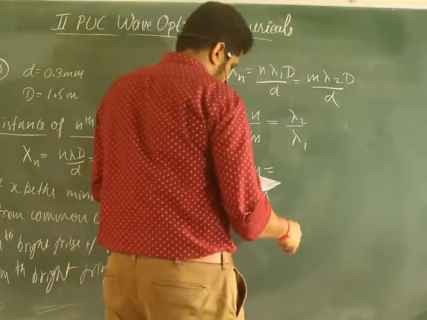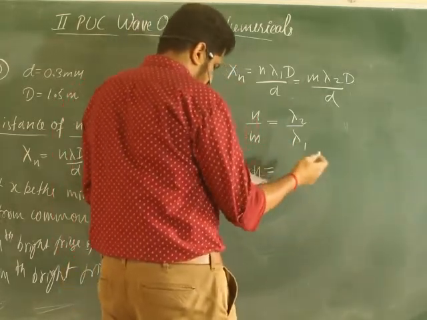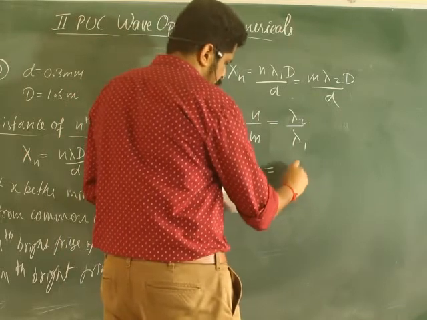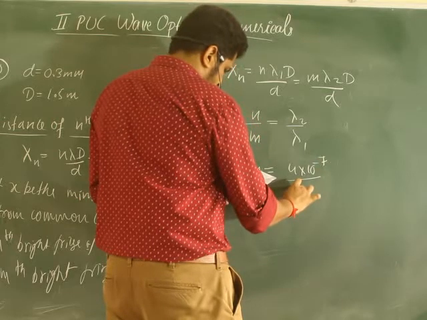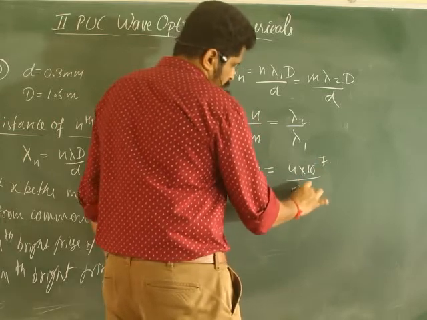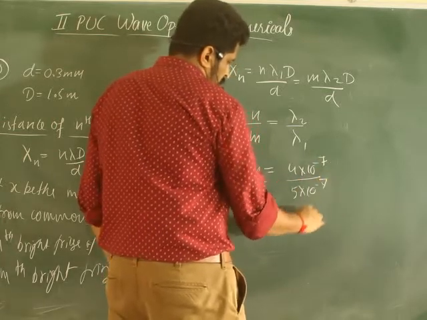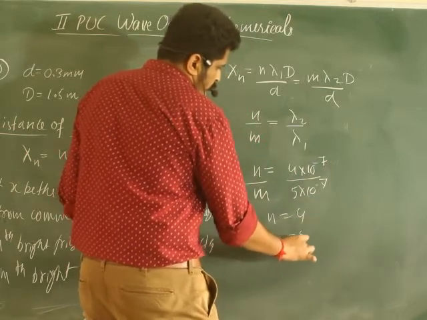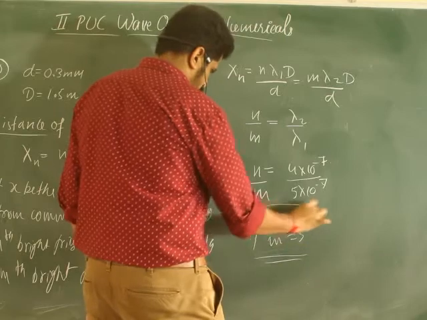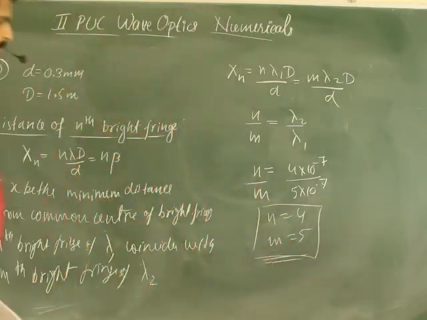Lambda 2 is 400, 4 into 10 power minus 7, divided by lambda 1, which is 500, 5 into 10 power minus 7. So n equal to 4, m equal to 5. Like this we get when we take the ratios. So the values of n and m we got to know.